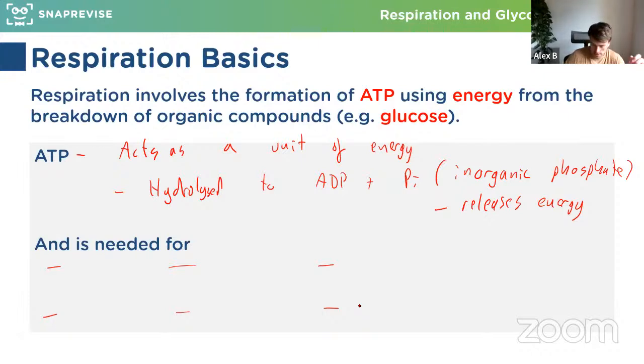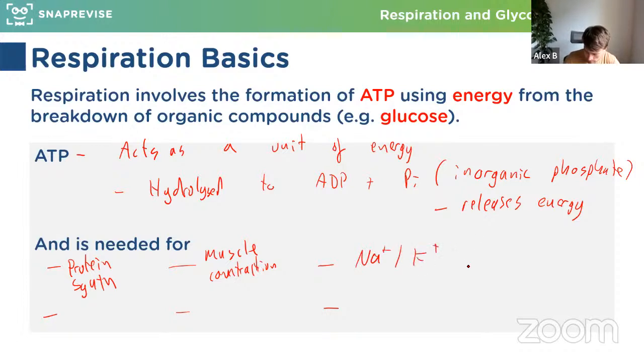Protein synthesis, nice, yeah. Muscle contraction, that's probably one of the biggest ones, yeah. Sodium potassium, presuming that's meant to be pump, yeah. That's a good one. Nice, exocytosis, good.